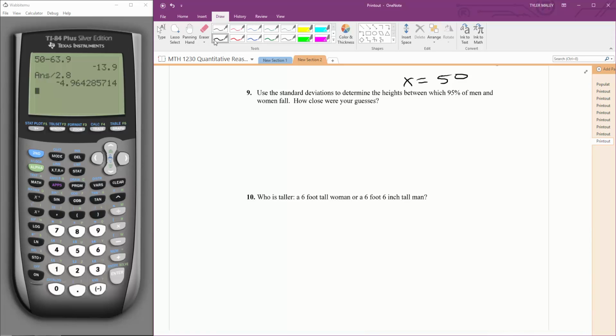So I'll do women here, and before we were prompted with the ages, 20 and over, I believe. So this was question number 3, on page 44.